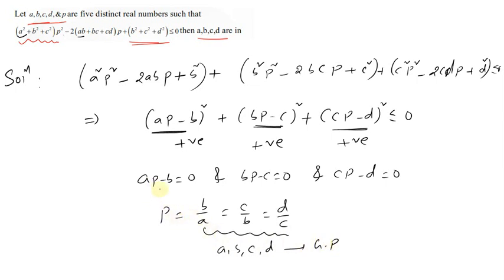Why? Because by taking these two cases, what you can establish, B square is equals to AC. By these two, you can establish C square is equals to BD. So that is possible when ABCD are in GP. Next, come to next question.